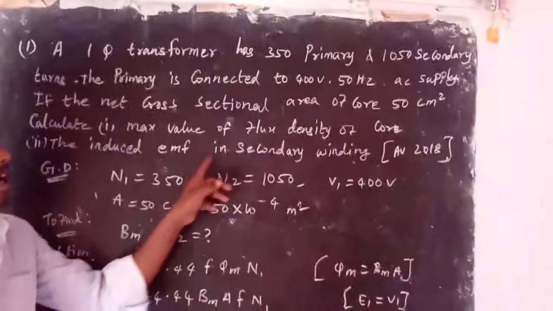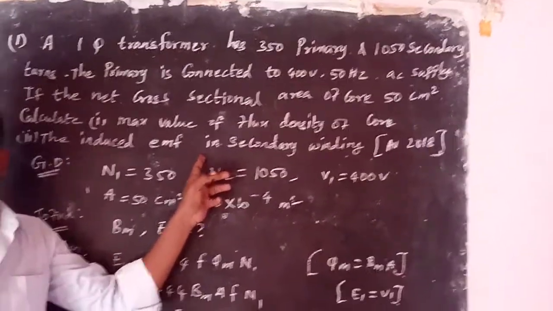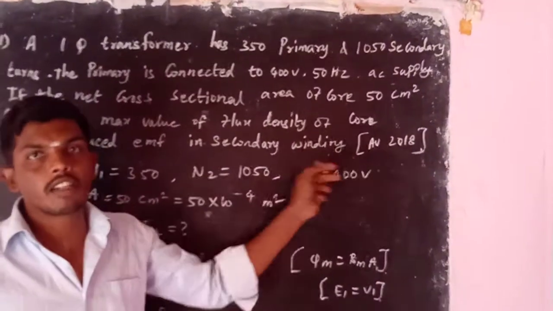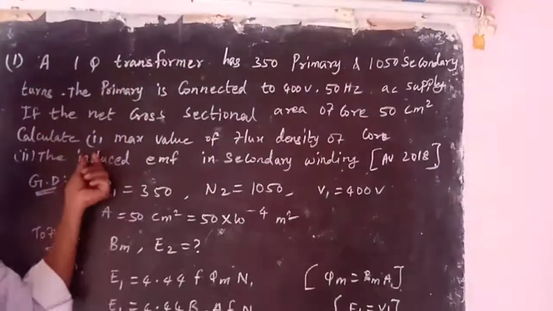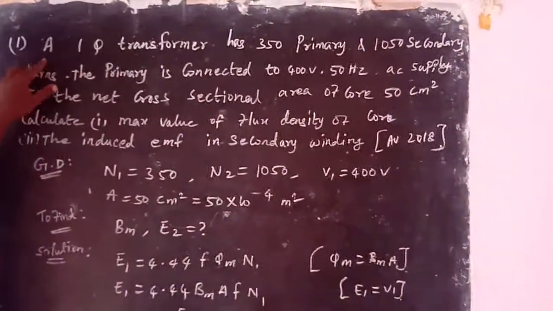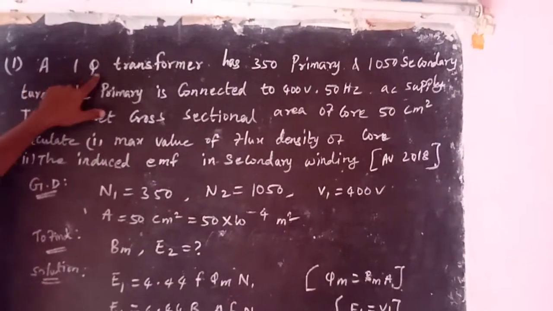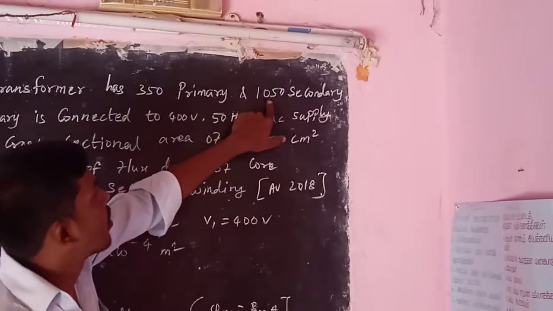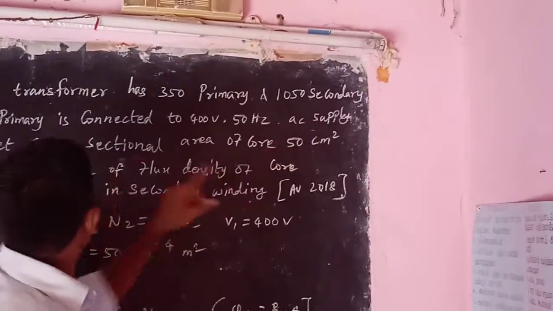This is for the EMF equation problems. This problem was asked in the Anna University 2018 question paper. A single phase transformer has 350 primary and 1050 secondary turns.